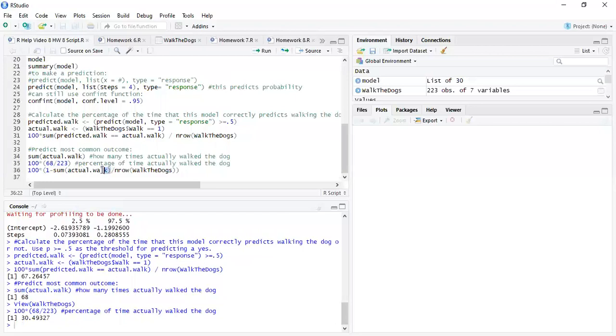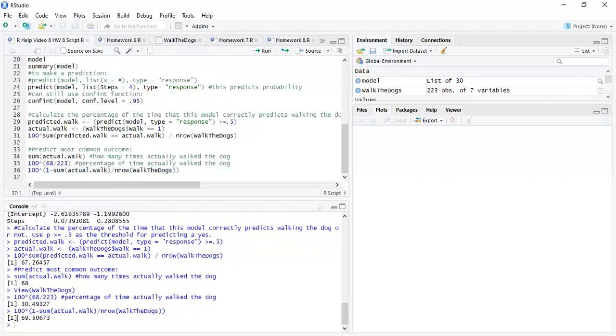So just to reiterate once more, the reason I'm doing 1 minus sum actually walking the dog is because the most common outcome was not walking the dog. So this divided by, again, the number of rows. So if we predicted the most common outcome and then multiplied by 100 to get the percentage instead of proportion, we would get 69.51% of the time.